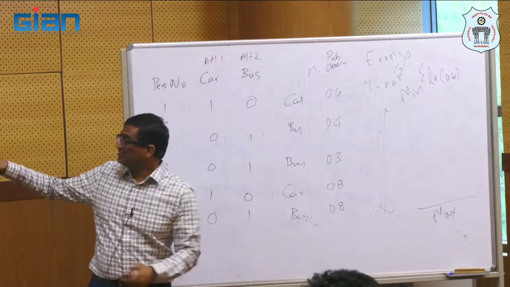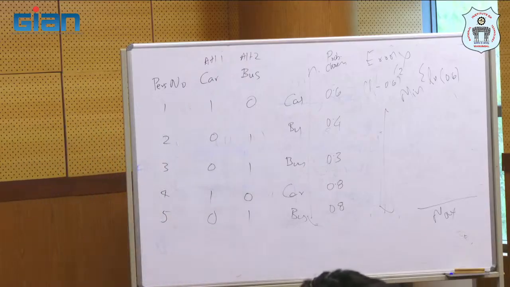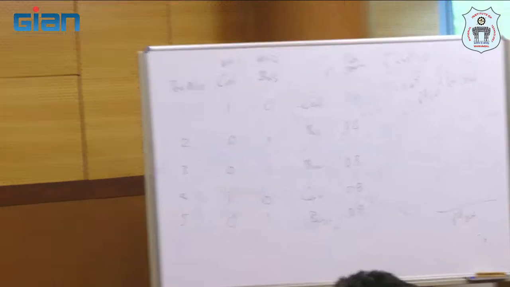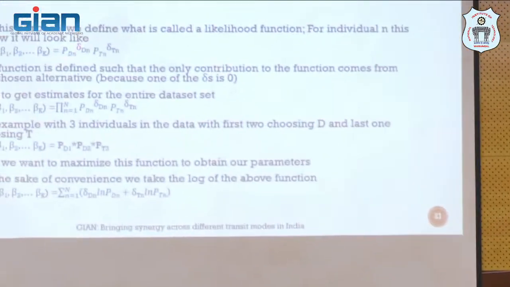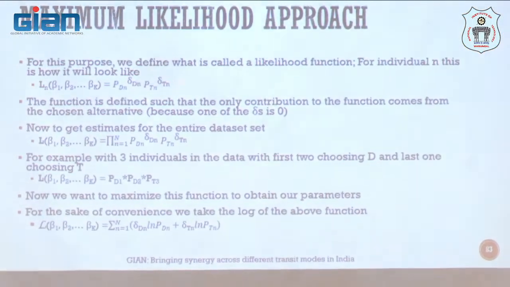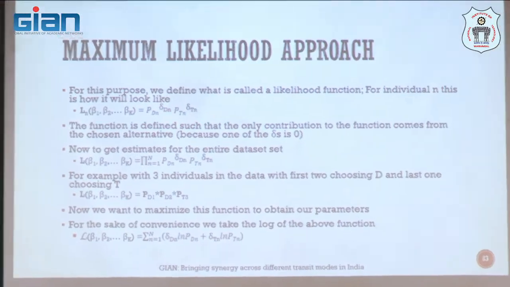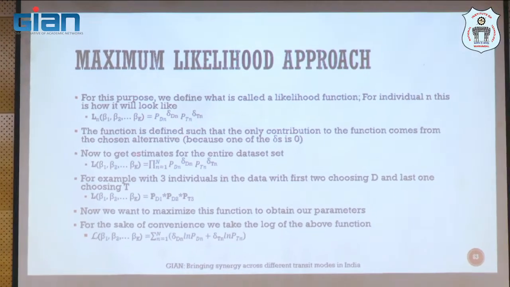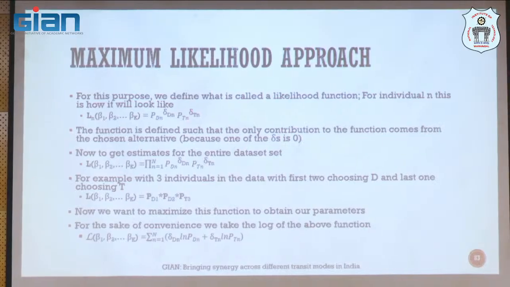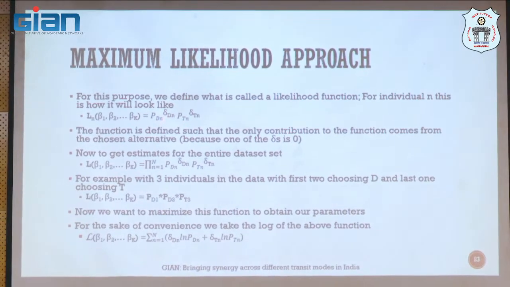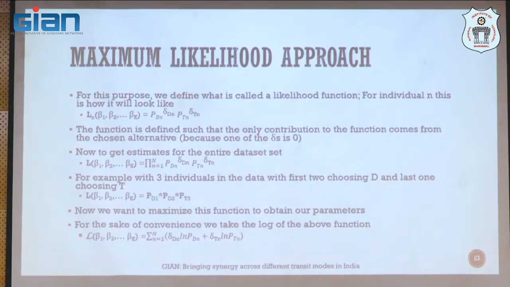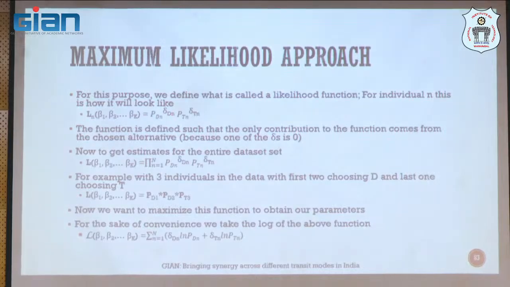Okay, so I do this in a matrix form. So you'll see here, we write the likelihood in this fashion. For each person, we do both. We put PDN and PTN. PDN is drive, PTN is transit, but I add delta DN and delta TN. So this delta DN and delta TN are these columns, the 0 column, 1 column.